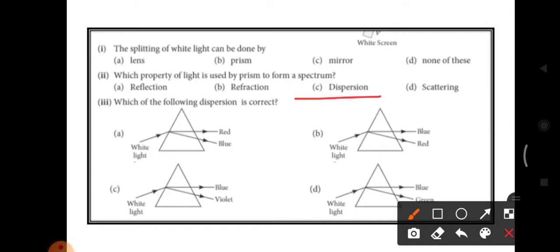In the third question, which of the following dispersions is correct? The white light splits into 7 colors, the red, blue. So you have to write VIBGYOR.